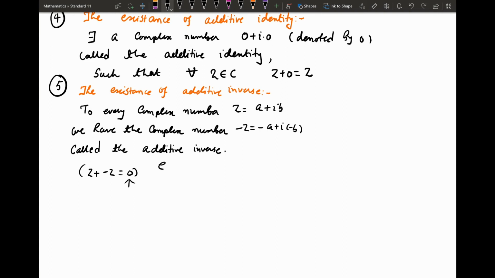For example, consider the complex number 3 plus 4i. Its additive inverse is minus 3 minus 4i, so that z plus minus z is always 0, where 0 is the additive identity.